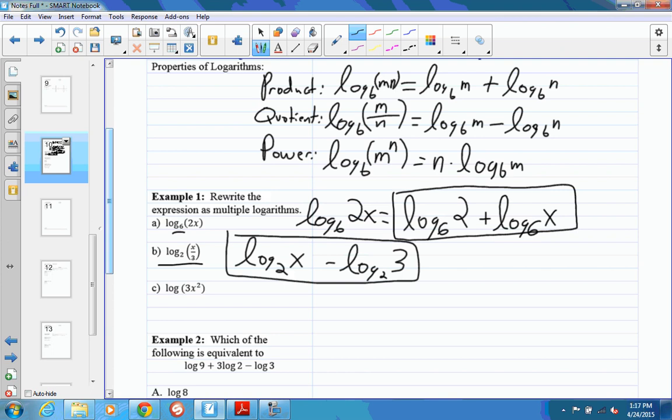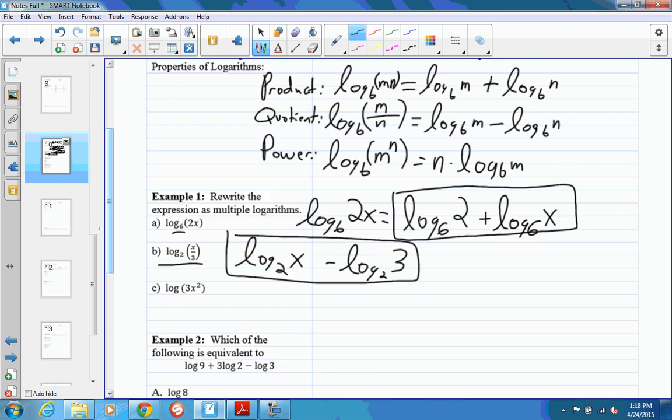No, it's the quotient property. When I wrote log base m of n on my paper, I wrote it to look like an exponent. It's not an exponent.